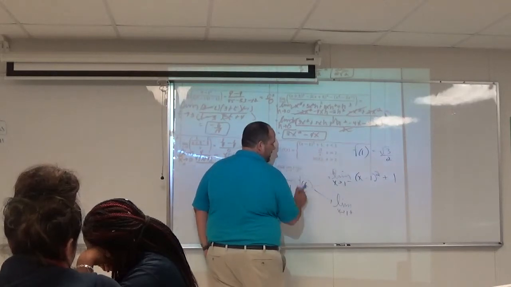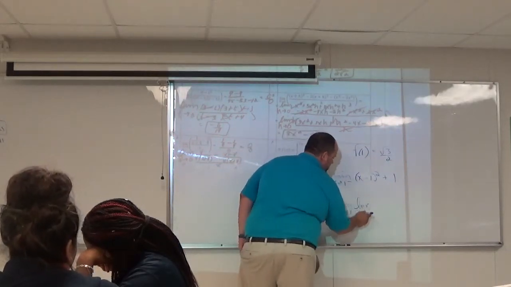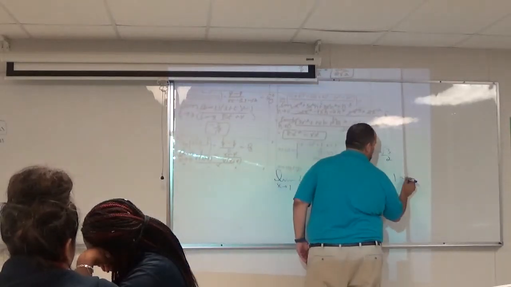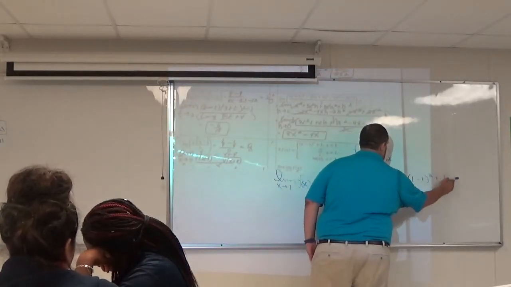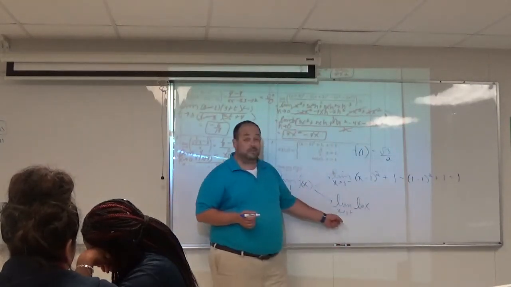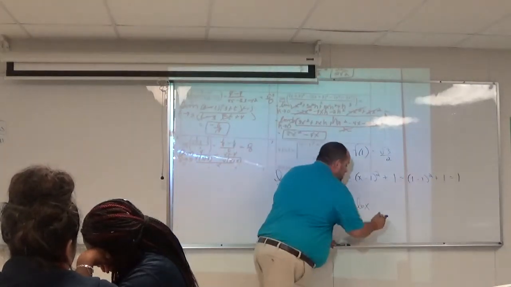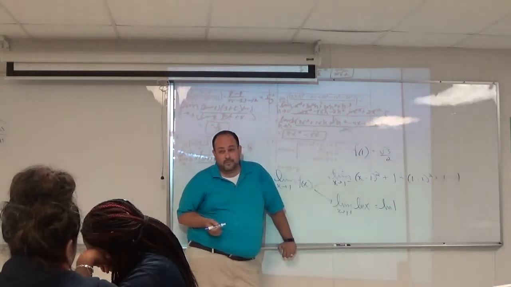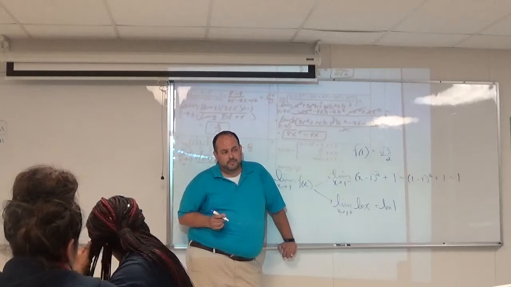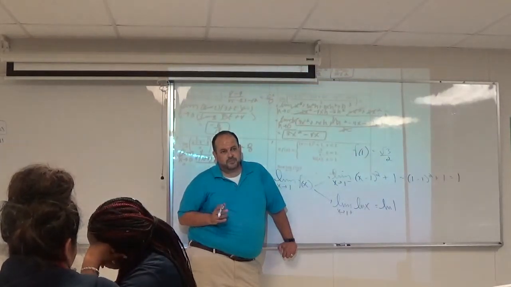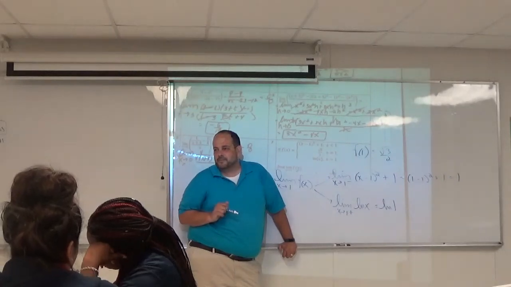So I need to know what this limit is. For the right of 1, I'm going to use the bottom piece. If I try plugging in now, I've got 1 minus 1 squared plus 1, which I think is 1. The limit on the bottom is the natural log of 1. Natural log of 1 is not e.